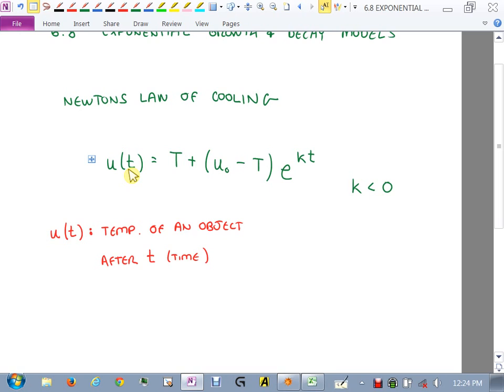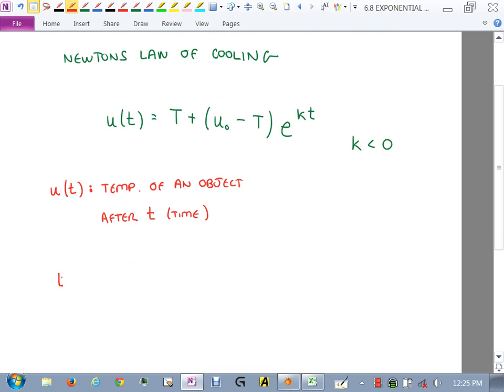Understand? So now, little t is the elapsed time. Capital T is going to be the, do you all know what ambient temperature is?